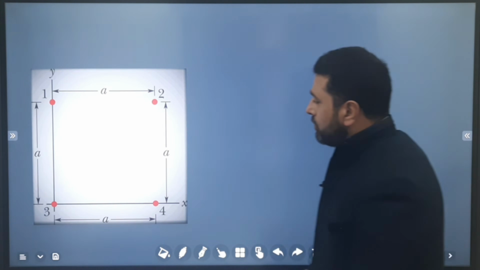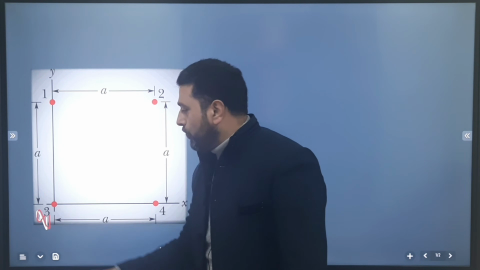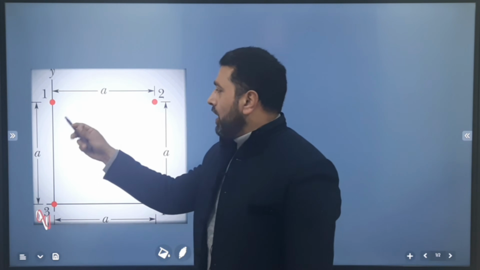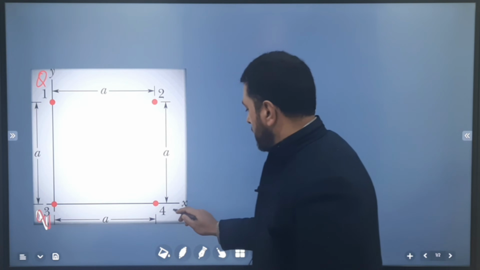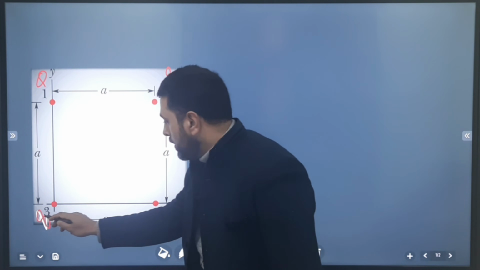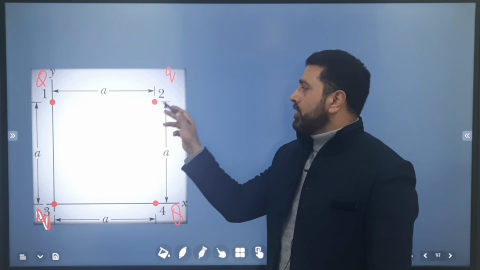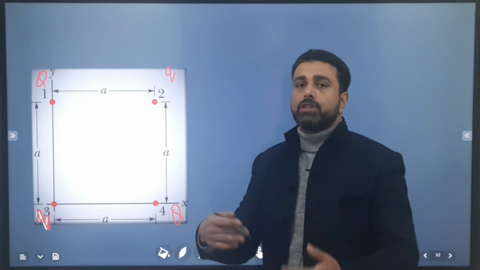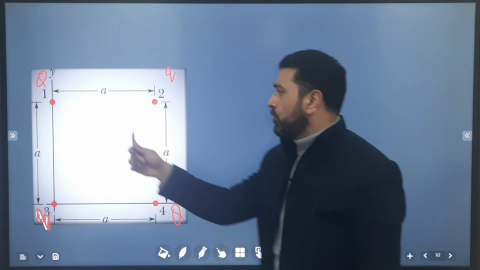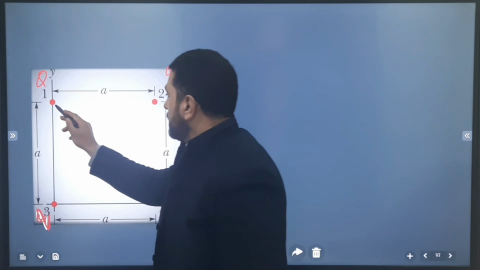Now, we have to see if there is any value for small q for which net force on all the 4 particles is 0. Particle 1 is capital Q, this one is again capital Q, this one is small q, this one is also small q. So let's consider net force 0 on this small q and then find out the same condition. Then we'll compare the two conditions and see if it is possible for all the 4 particles to have net force 0 or not.